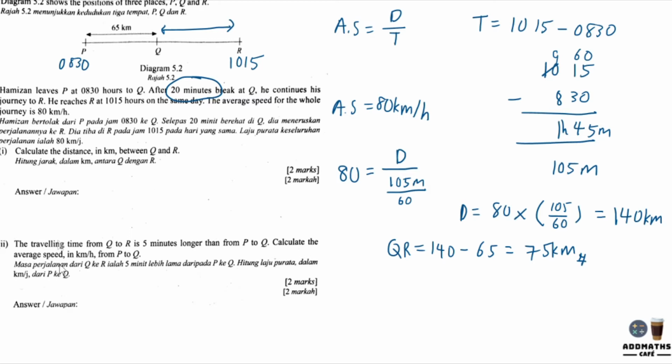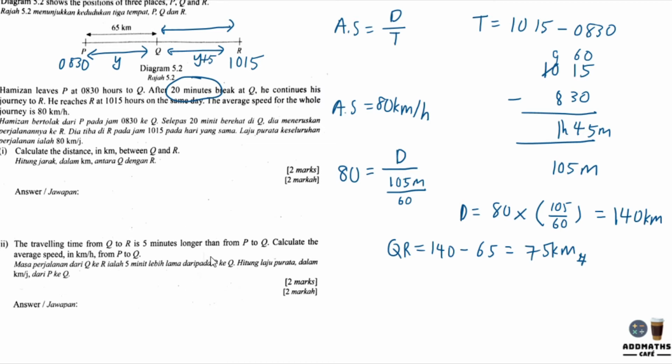Okay. Now the second one: the travelling from Q to R is 5 minutes longer than P to Q. Let's say P to Q is Y, Q to R is Y plus 5 minutes.